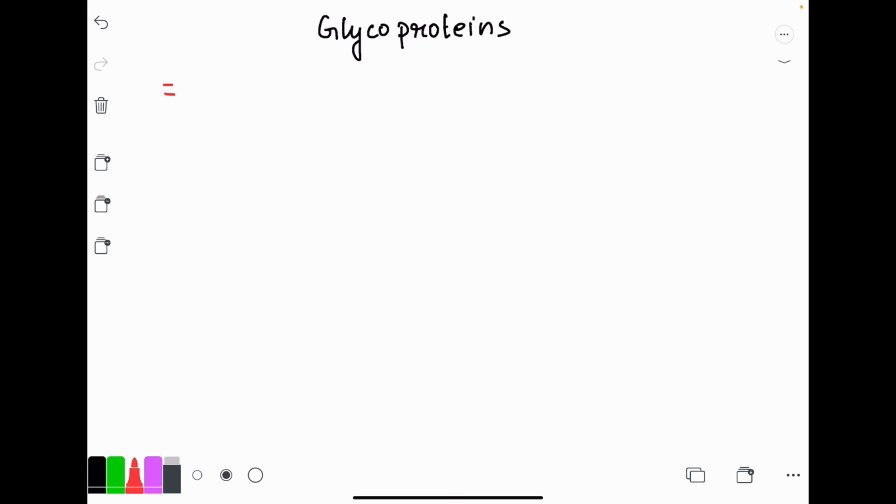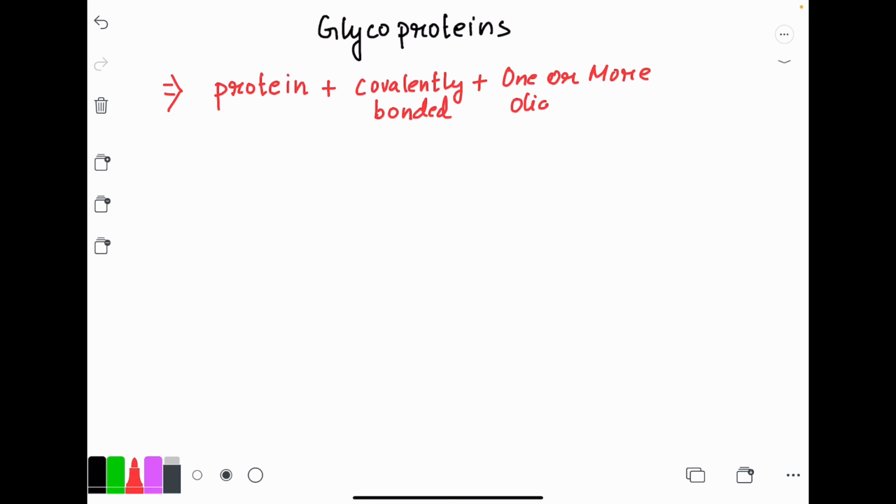Glycoproteins are equal to protein covalently bonded to one or more oligosaccharides. A protein molecule that is covalently bonded to one or more oligosaccharides is known as a glycoprotein.